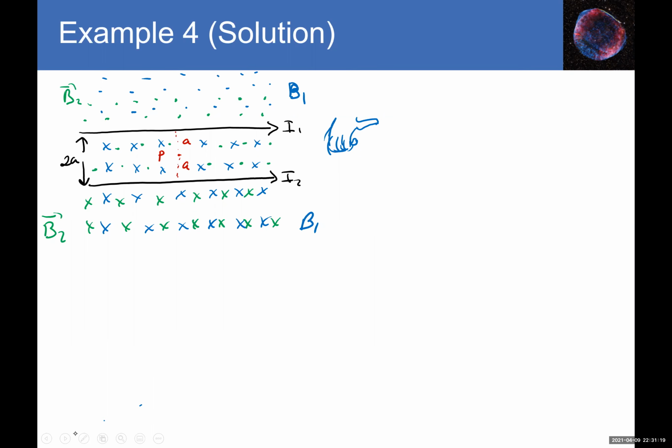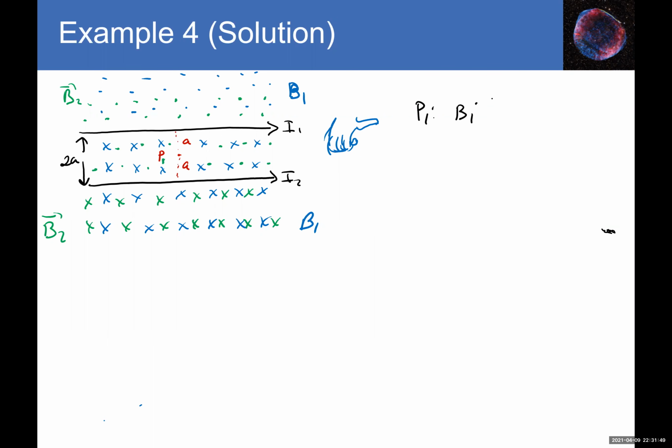Let's call this point 1, since this is basically part A. For point 1, then, I have magnetic field 1 that is going to be into the page. That means magnetic field 1 equals B1, negative K hat.